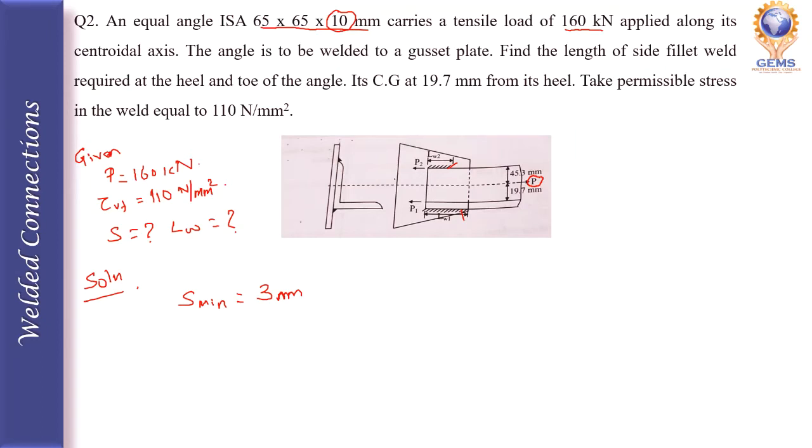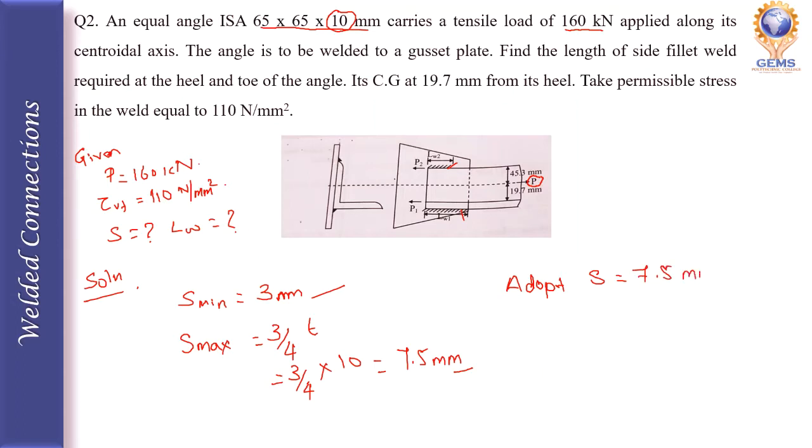For an angle section, S max is 3 by 4 times T, that is 3 by 4 into 10, thickness is 10, so it will come to 7.5 mm. So we can adopt any value between 3 and 7.5 mm. We are adopting S value as 7.5 mm.